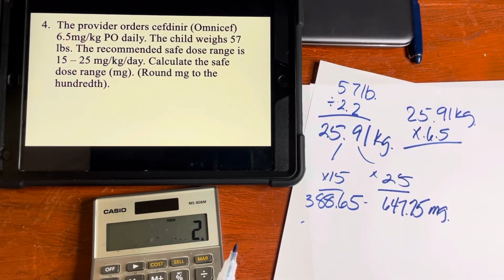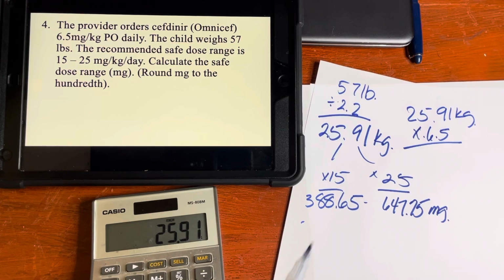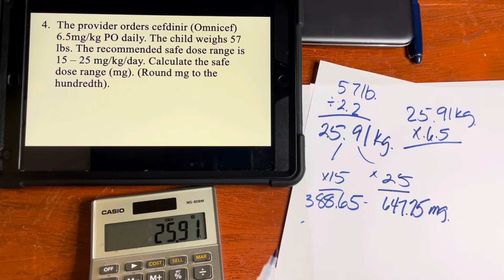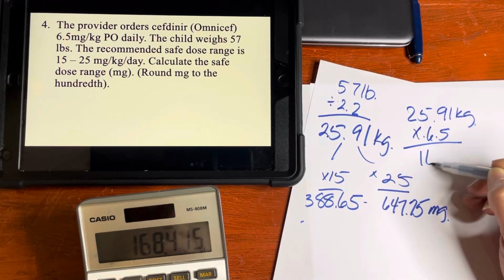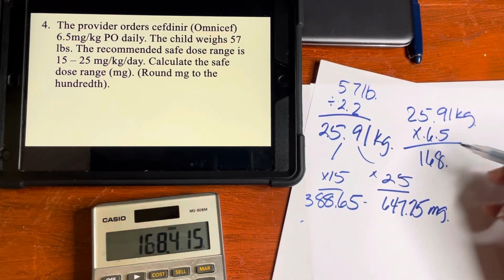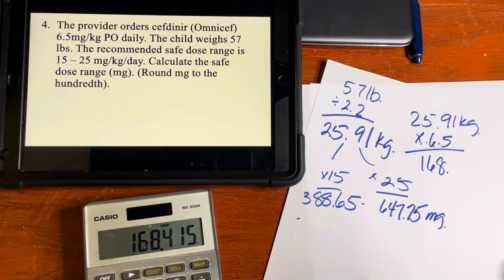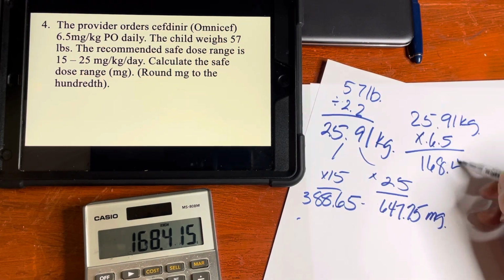And 25.91 times 6.5 equals, that's going to be 168. That 5 will make that 1 a 2.